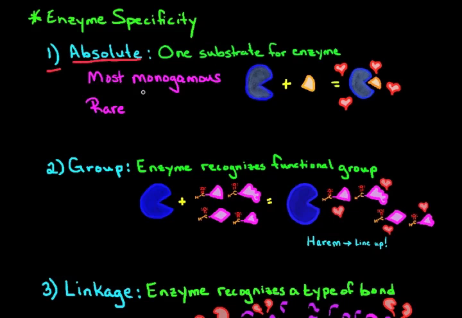And so absolute specificity, if an enzyme displays this type of specificity, it is the most monogamous in that sense, and right along those lines, it's also the most rare. Okay, so you don't get a lot of enzymes that display absolute specificity, actually.